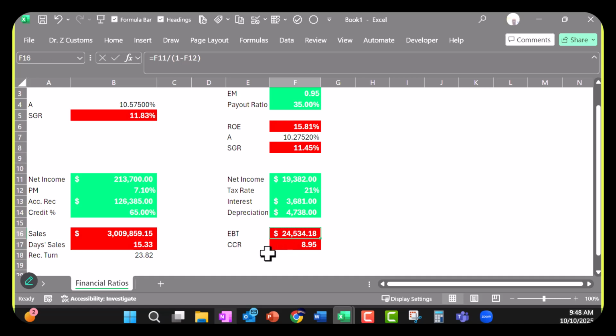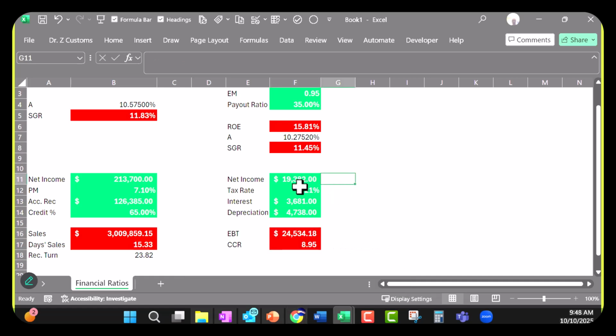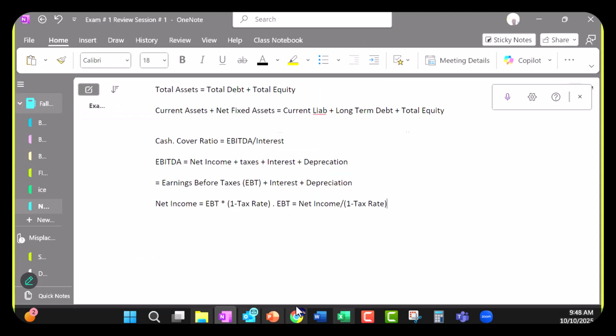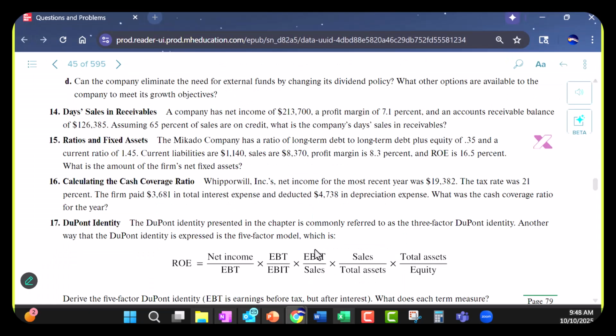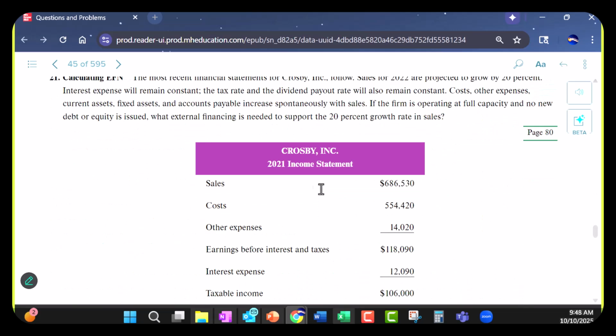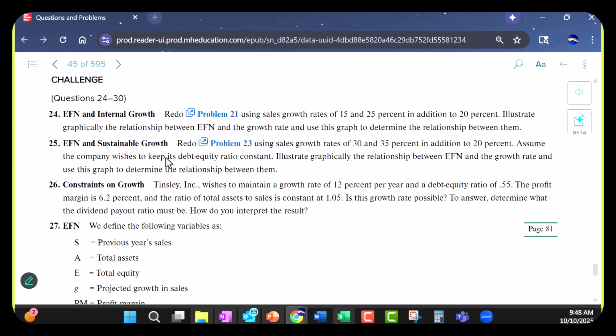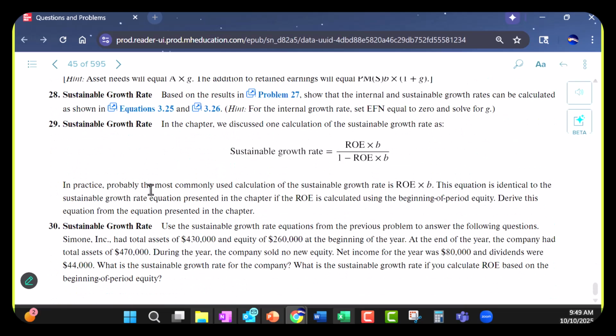So the key is to recognize that net income plus taxes is earnings before taxes, and we can calculate that. Let's see if there's anything other. Okay, we've done those. All right.